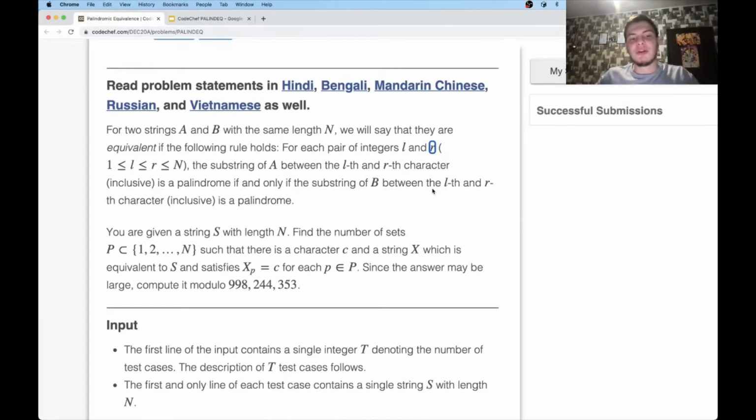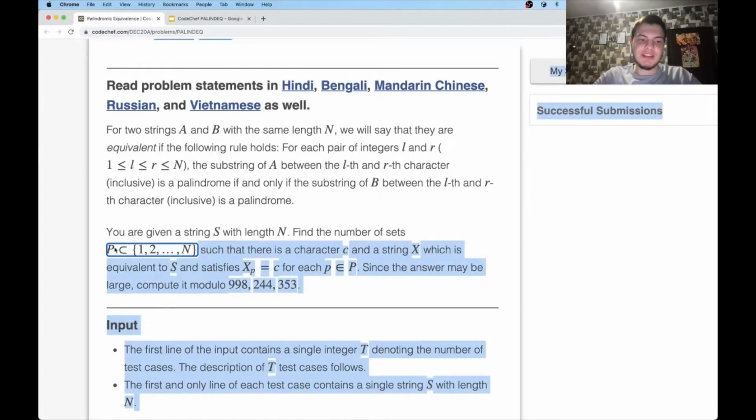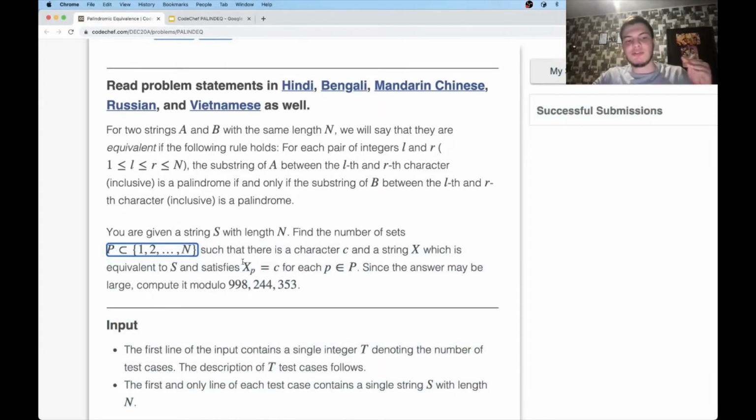Now the problem is that we are given some string s, and we want to find the number of subsets P of the integers from 1 to n.